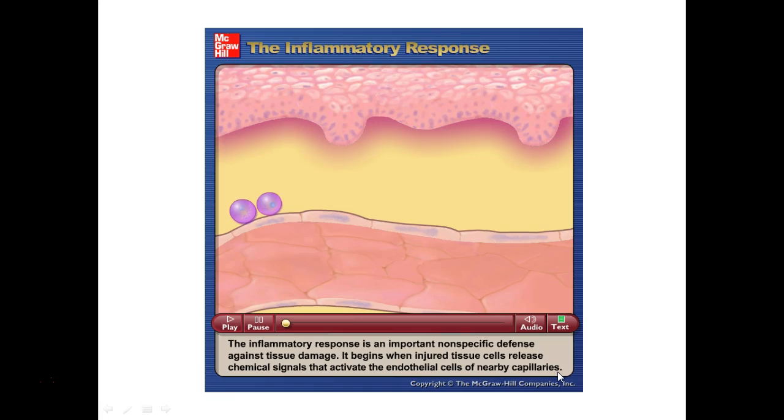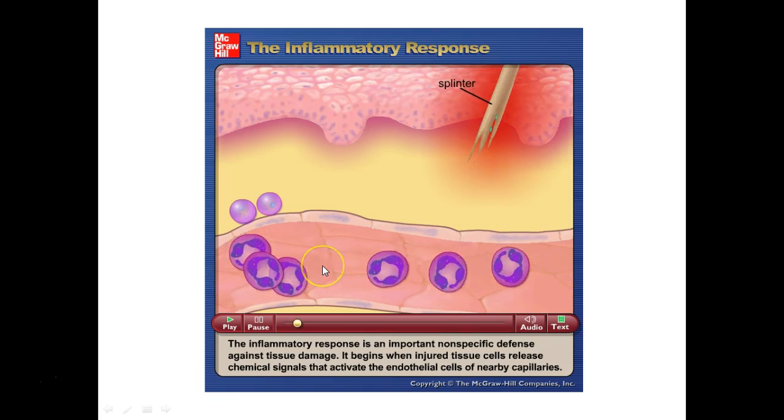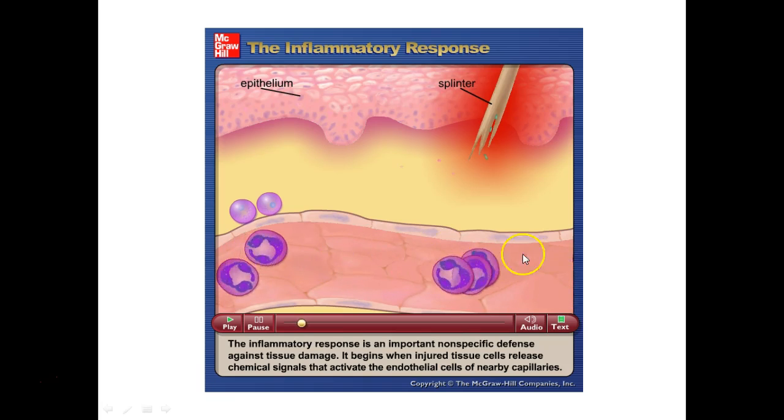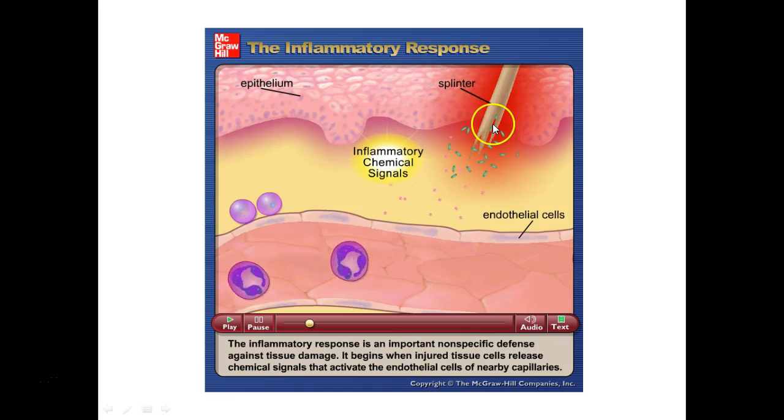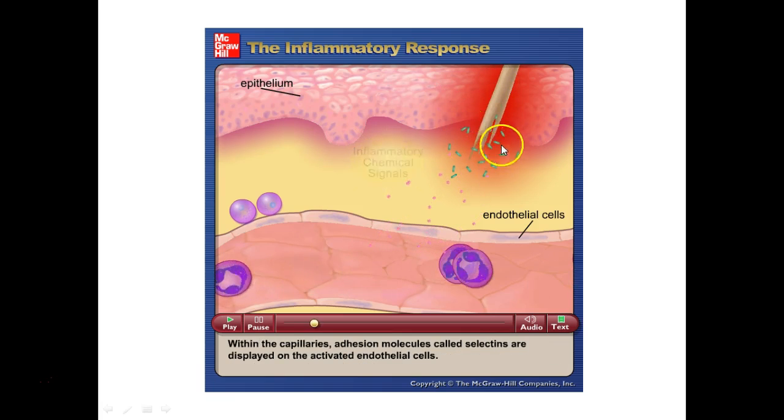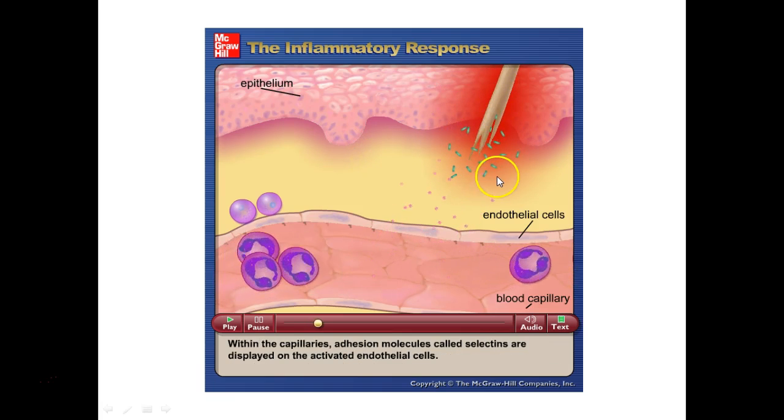We watched a similar animation last time, and some actual movies of this happening in real animals' bodies. This shows white blood cells, specifically ones we're going to talk about later, neutrophils, going through a capillary or a vein, and an injury has happened, and that injury may have even let invaders like bacteria in, shown here.